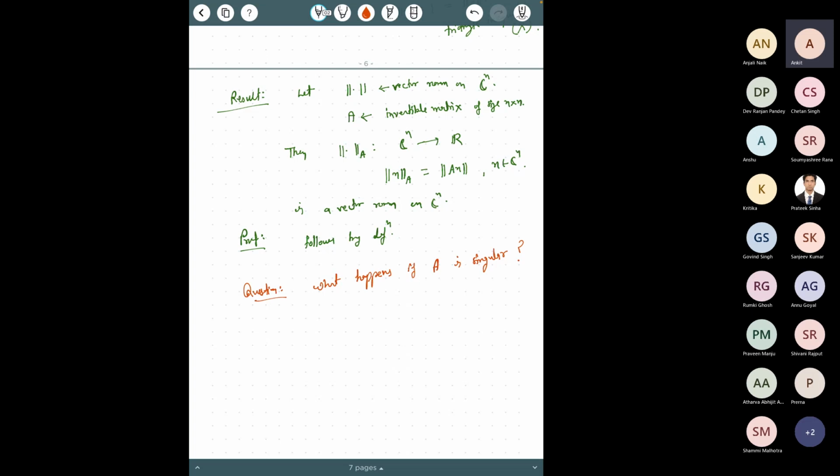In fact, you will see that in the finite dimensional case, which we are mostly considering in this course, any two norms are equivalent. So in a finite dimensional vector space, any two norms are equivalent, and this is what I'm going to prove next.